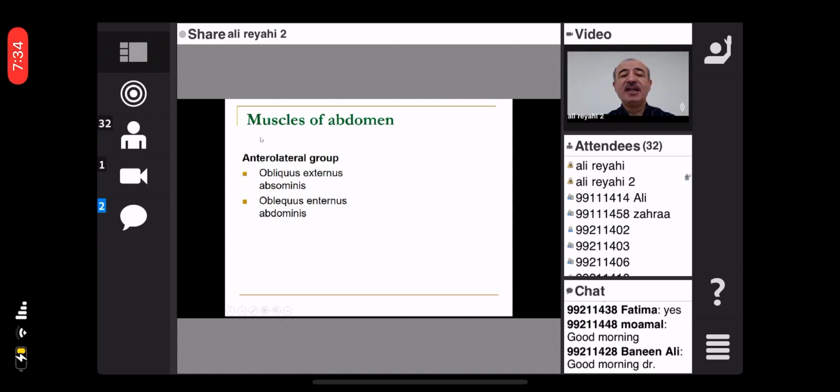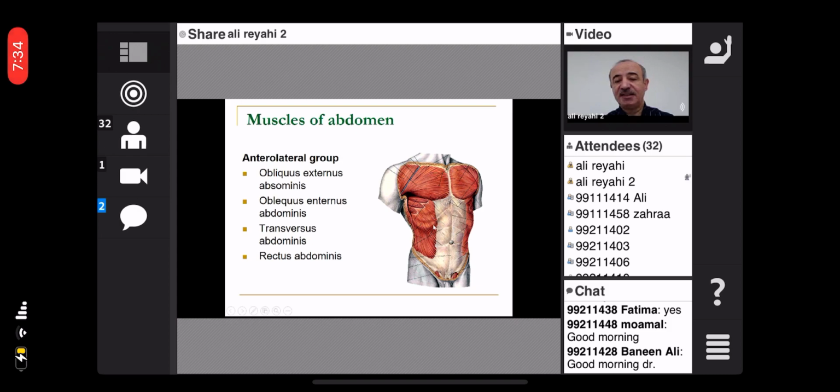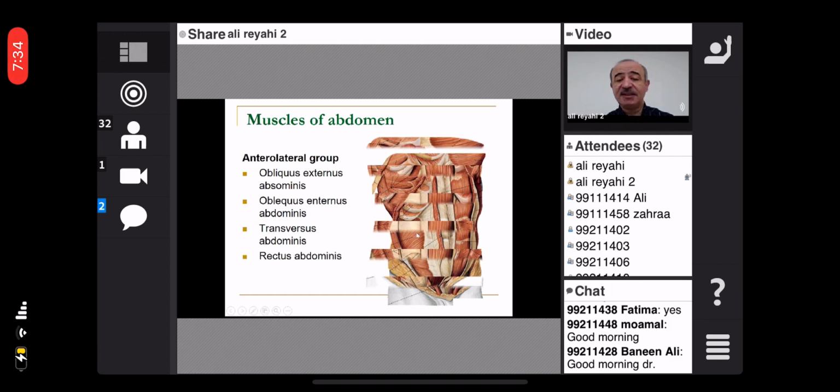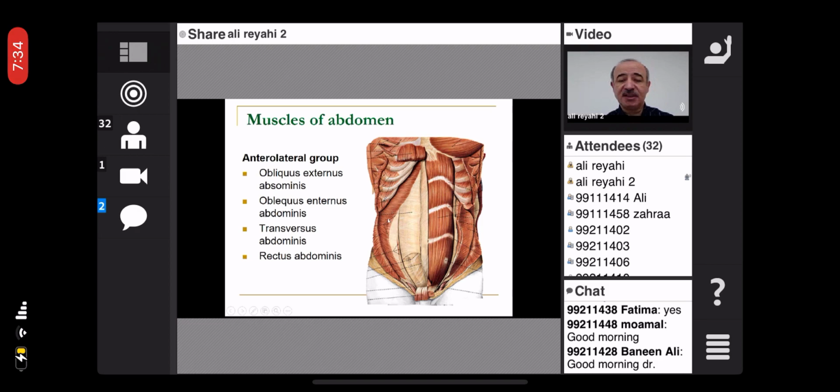So we can divide the muscles of the abdomen into two groups: anterolateral and posterior. In the anterolateral group, there are obliquus externus or external oblique, obliquus internus or internal oblique, transverse abdominis, and finally the rectus abdominis muscle. Like this, you can see the external oblique, internal oblique, and the rectus abdominis muscle. And if we remove the internal oblique, you see the transverse abdominis muscle.